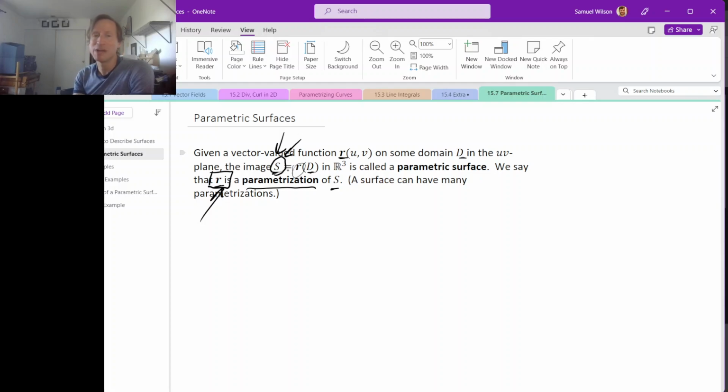So usually when we ask questions about a parametric surface, at first, we aren't interested in any particular parametrization. We're interested in the geometric object that is the collection of points itself, the parametric surface. But how we do calculations involving parametric surfaces will usually involve writing down a parametrization and then using the parametrization to do some kind of calculation.